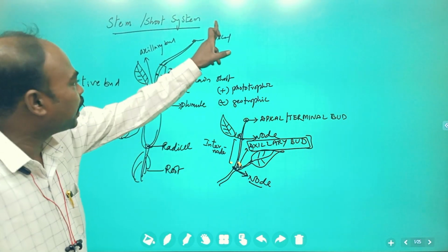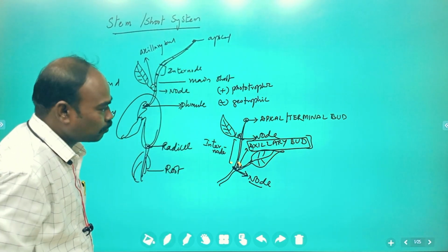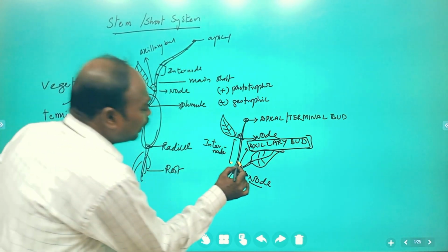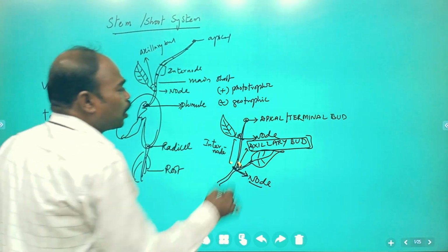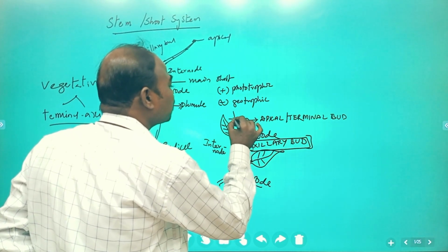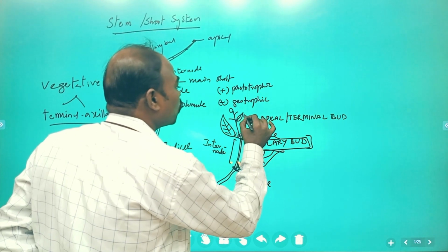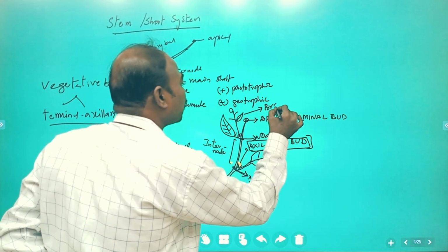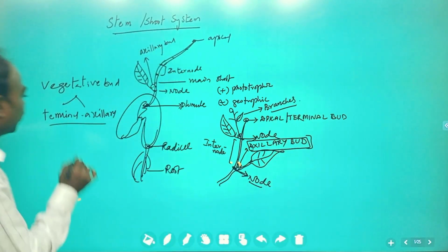Generally, the stem grows aerially by producing leaves at particular intervals. The activity of the axillary bud gives rise to a branch. This branch may have flowers or leaves.